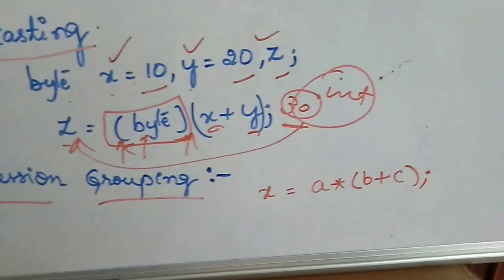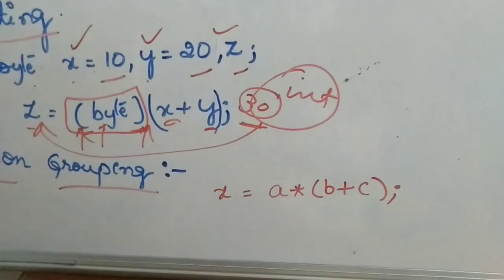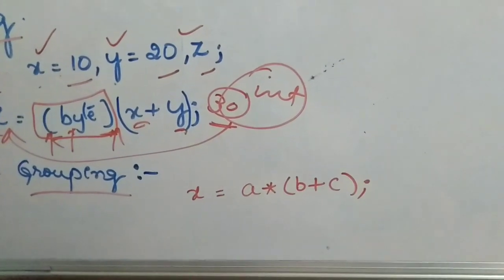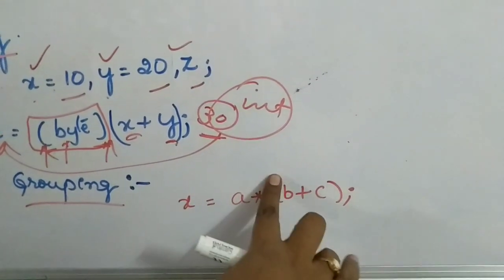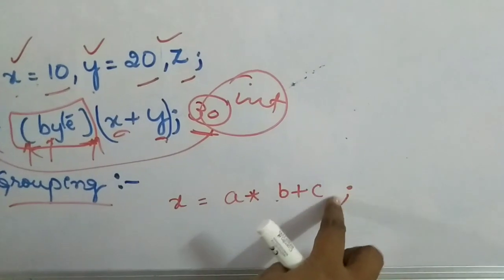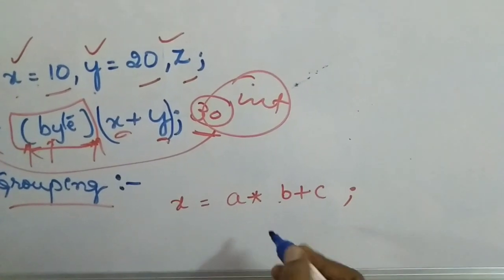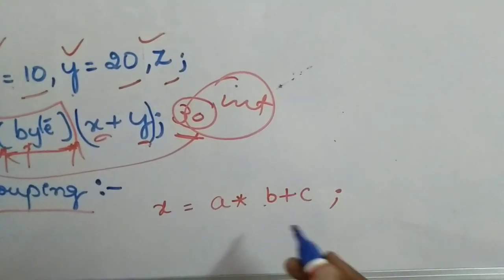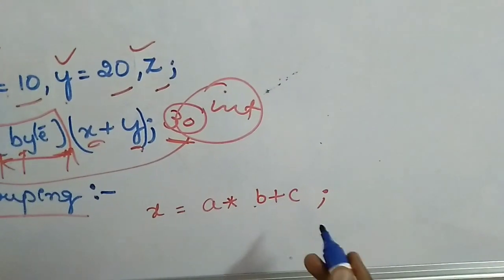Say you have certain expressions in your program, for example x is equal to a into b plus c. Say I am not having this parenthesis. Then it follows the operator precedence rules, according to which the highest precedence operator will execute first.